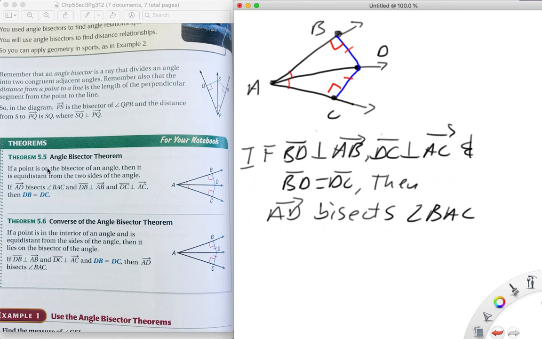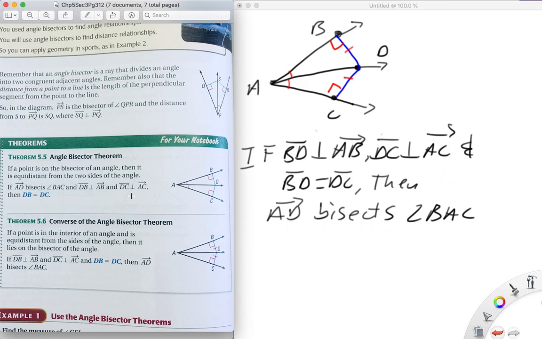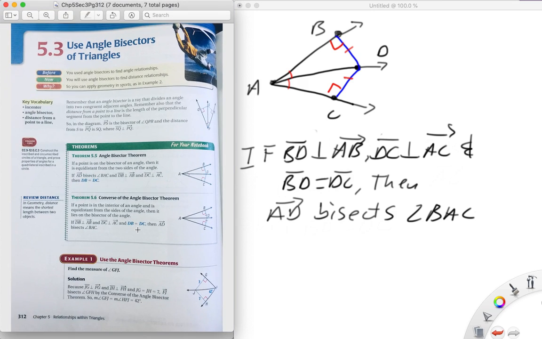Right, so angle bisector theorem and the converse of the angle bisector theorem.